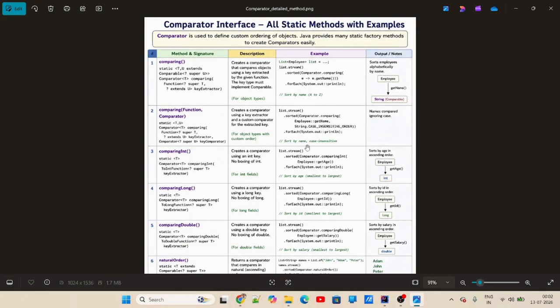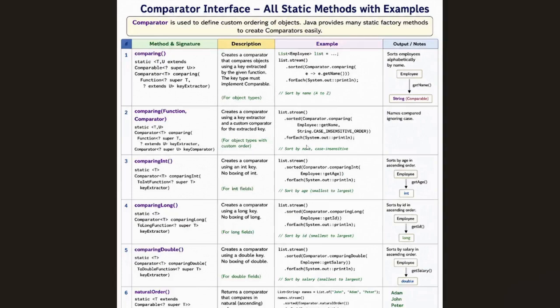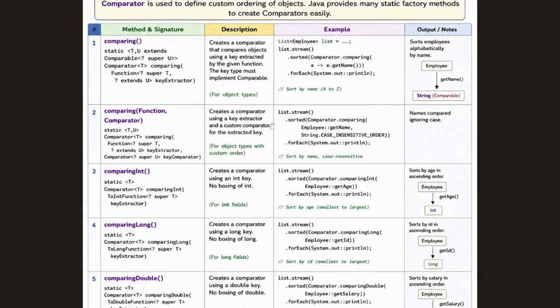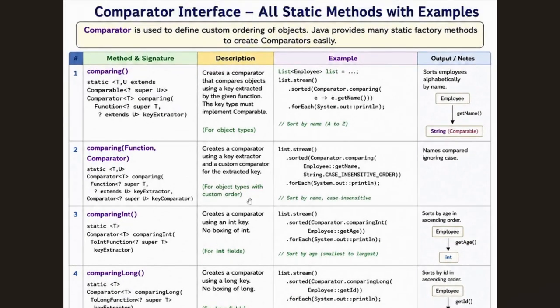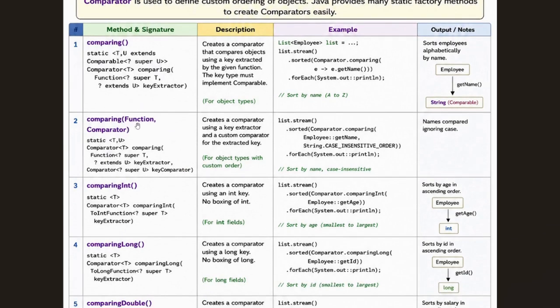These are the various methods of the Comparator class. We'll just go through them one by one. These are very simple. Comparing, you already used it. So we send the comparing and the key basically on which we need to do comparing. And in comparing, this is the overloaded method where we send the comparator. Here we are sending the case insensitive order in case of string.